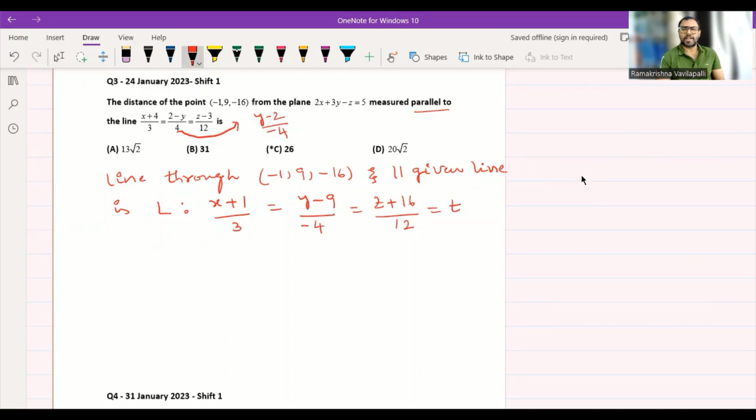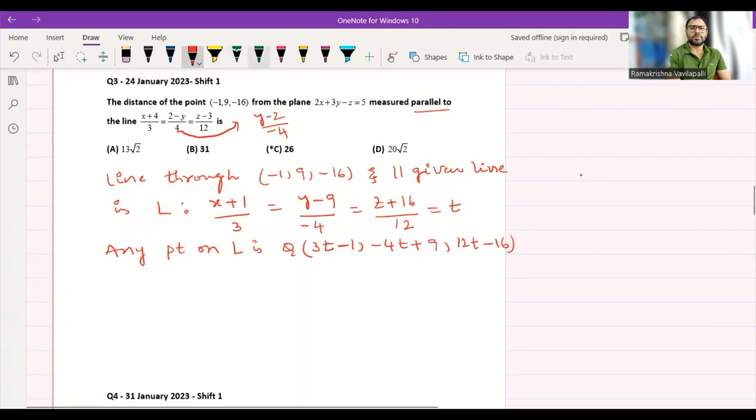Right. So now we need to find where this line meets the plane. Any point on L is Q. This is (3t minus 1, minus 4t plus 9, 12t minus 16). Substitute in the given plane pi.